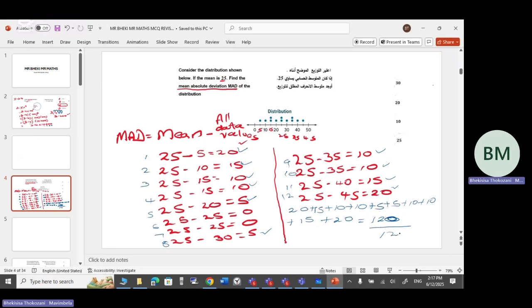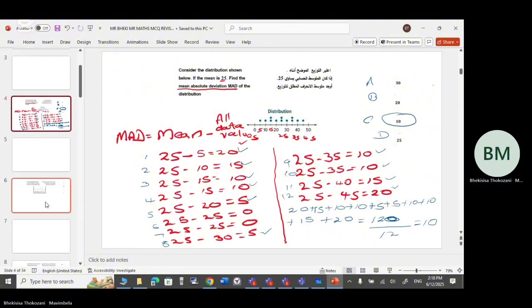So 120 divided by 12, the answer will be 10. So we can see that this will be our answer. Okay, guys? I hope it makes sense. So A, B, C, D. So the answer is C. All right? I hope it makes sense. And please go back to this question if you are not sure of what to do there. All right? Let's move on to the next question.